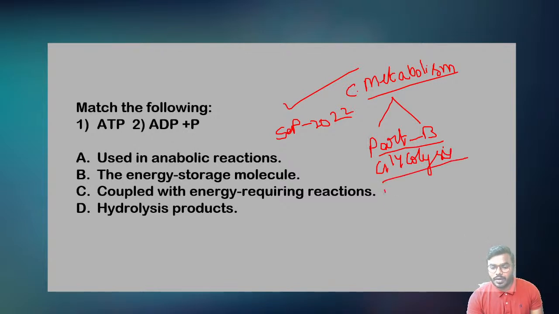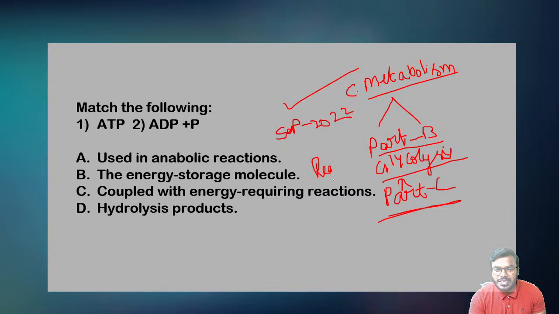And we got another direct part C question from the glycolysis regulation. Both the part B and part C questions were asked from the regulation of glycolysis. A very simple and straightforward question, but it's a kind of twisted question.